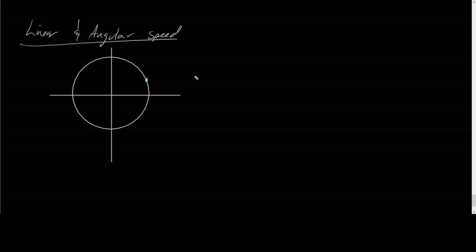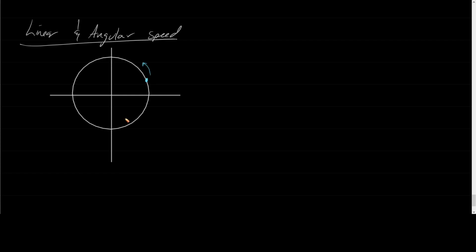So, let's say that we've got a particle here moving around a circle. All right, so we've got this point moving around the circle. And I'll put this in the coordinate axes just for the sake of making a point. All right, so this is moving around our circle, going this way.